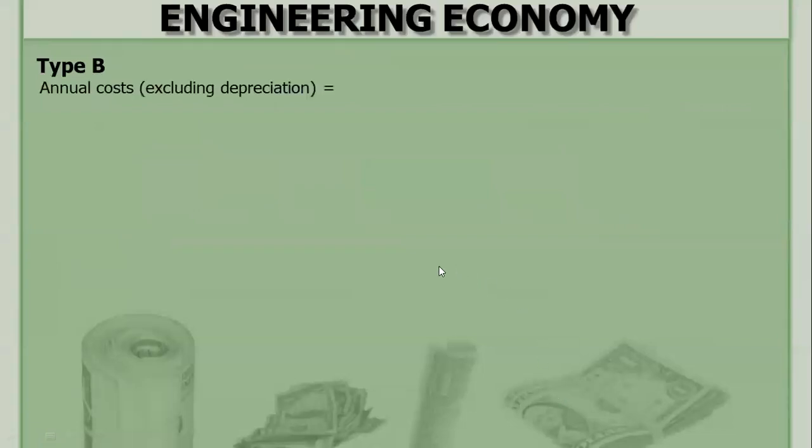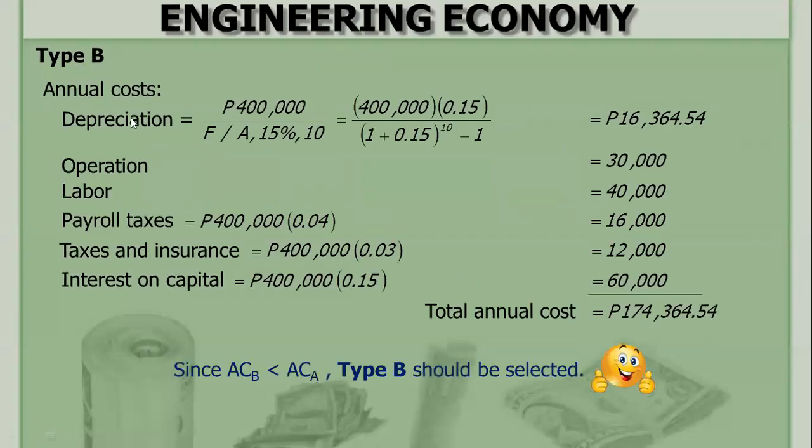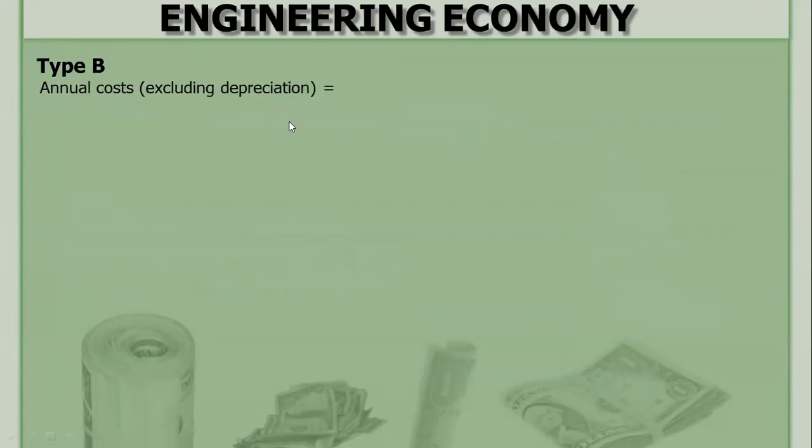For type B, excluding depreciation and interest on capital, it's only 30 plus 470 plus 16, that's 86, plus 12, that's 98,000. Okay.